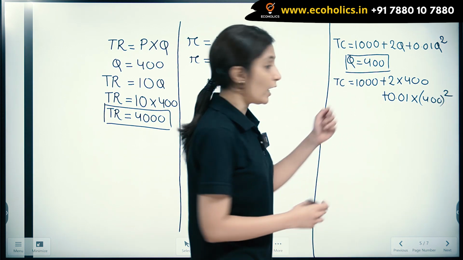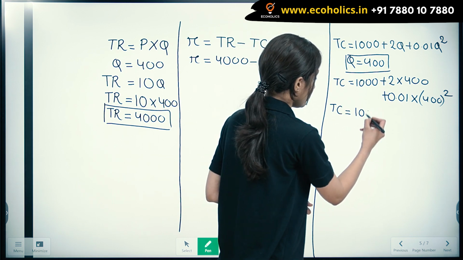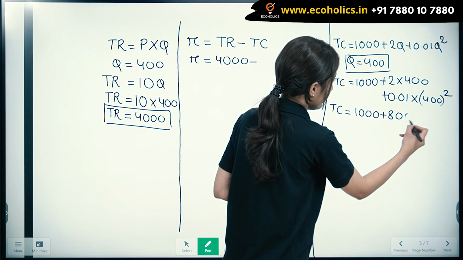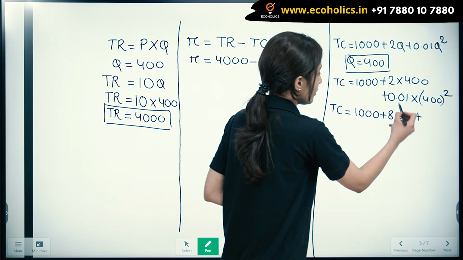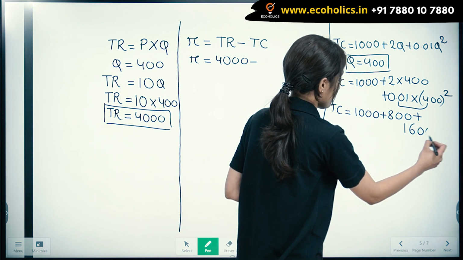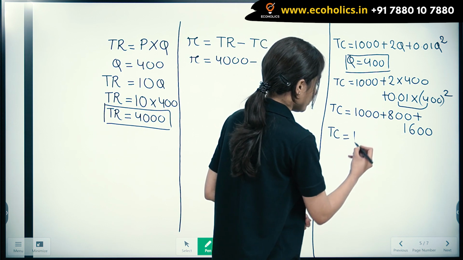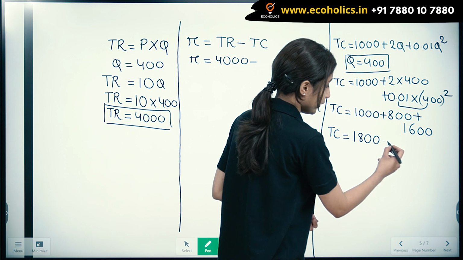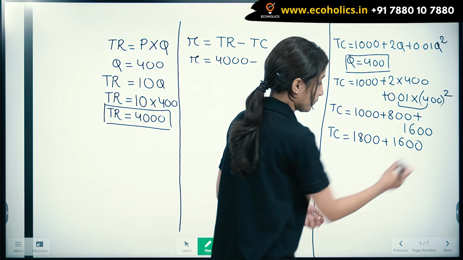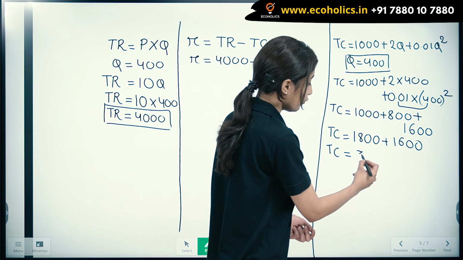Now, therefore, our total cost becomes equal to 1000 plus 2 4s are 8, so 800 plus this term gives us 1600. Now what we get is total cost is equal to 1800 plus 1600, and therefore we get total cost as 3400.